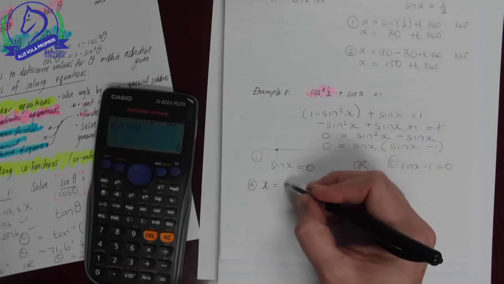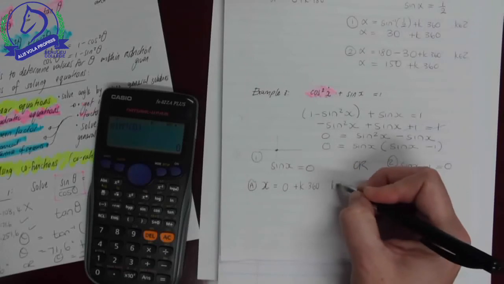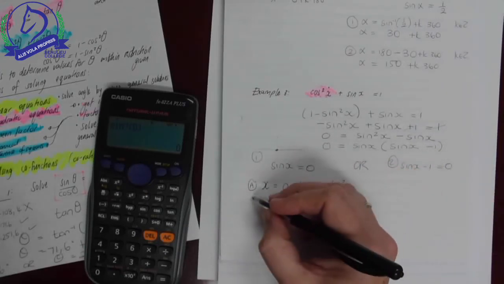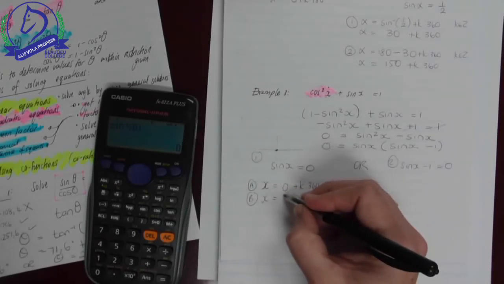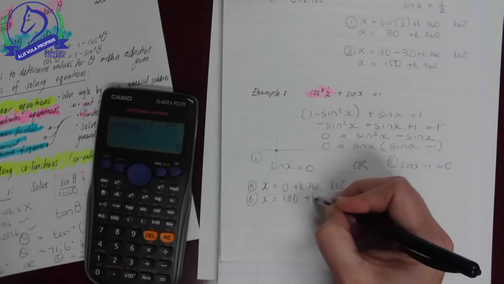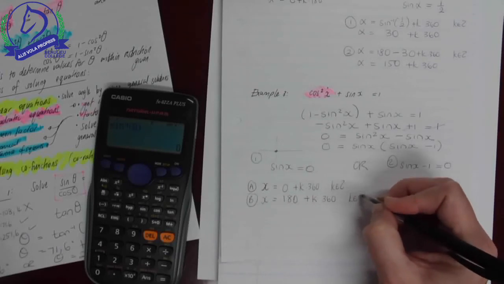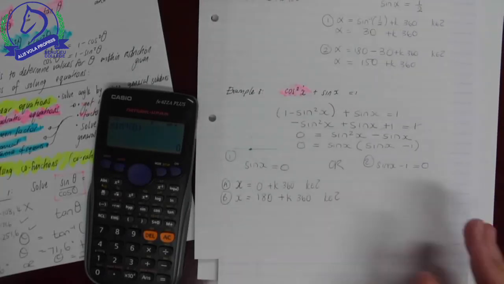So x is 0 plus k times 360. K is part of the integers. And my second general solution is 180 minus my reference angle. So 180 minus 0 is 180, and that's the option for my first.